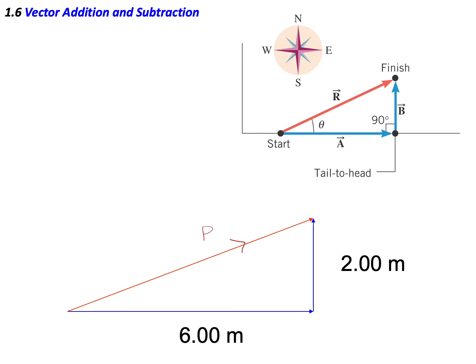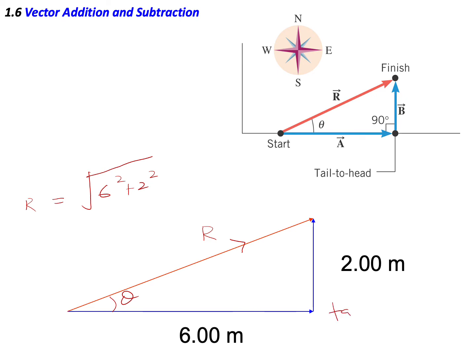To get the magnitude of this vector, you can use the Pythagorean theorem, the mathematical relationship you learned: the square root of 6 squared plus 2 squared is equal to R. And for the angle, which is the direction, you can use sine, cosine or tan trigonometric relationships.